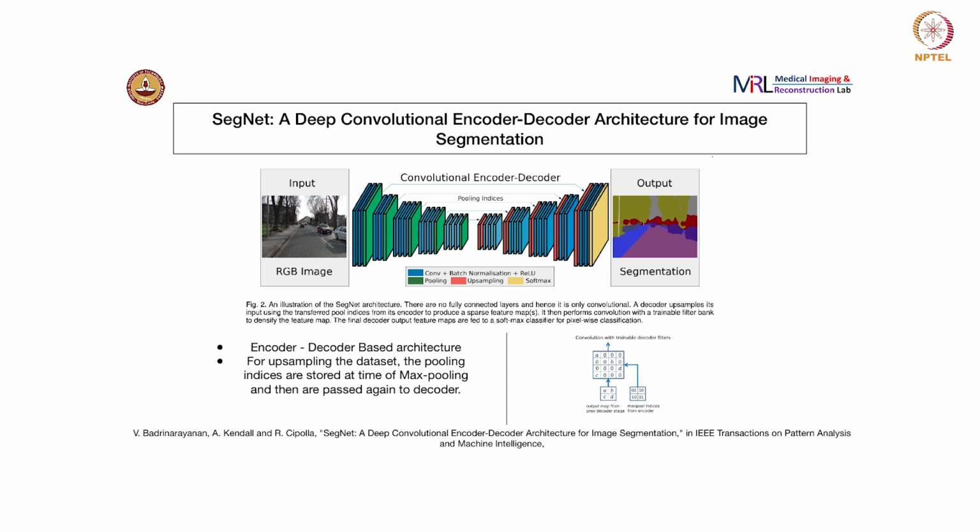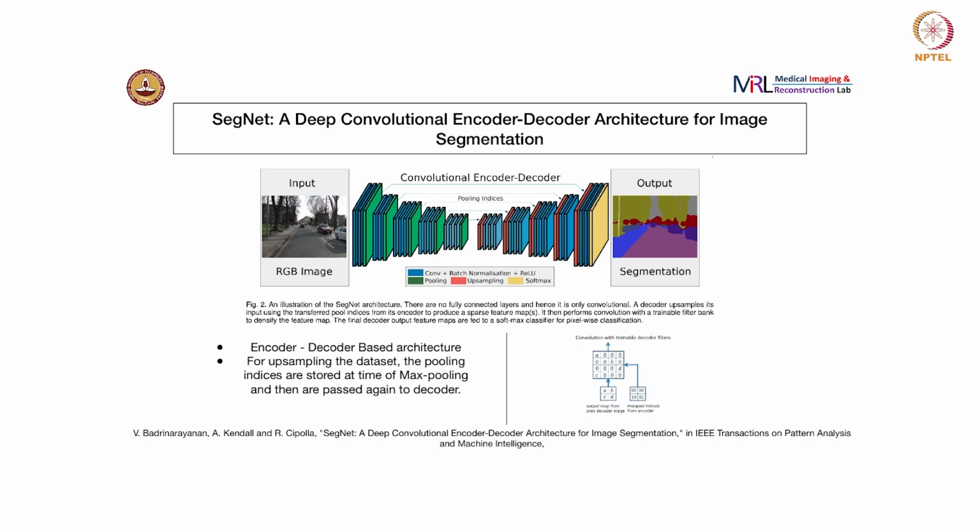A decoder will upsample the input using the transferred pool indices from its encoder to produce a sparse feature map. Then you would perform convolutions with a trainable filter bank to make it more dense. Remember, we're only copying the indices, not the values.